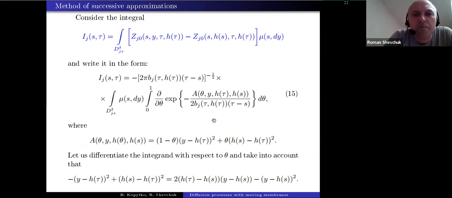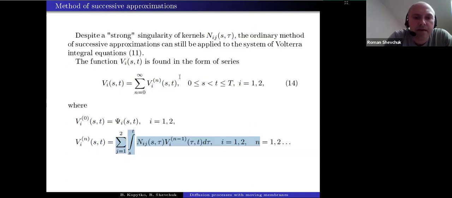I want to try to explain why we can use this method here. I want to show how we estimate Vi1.